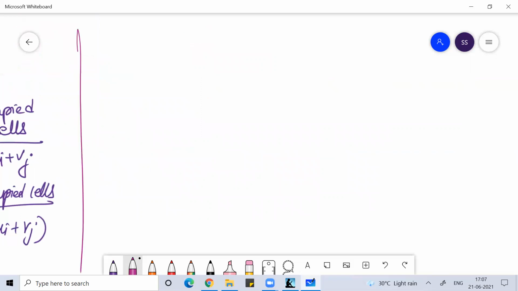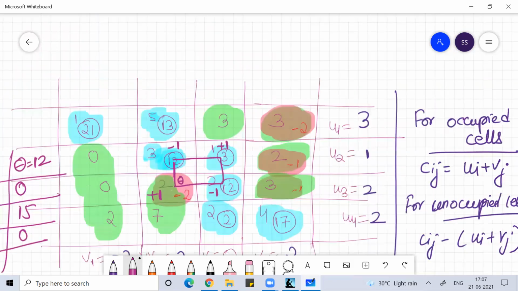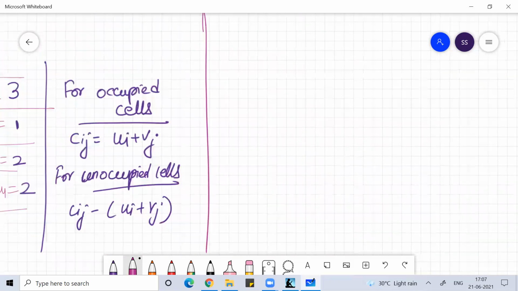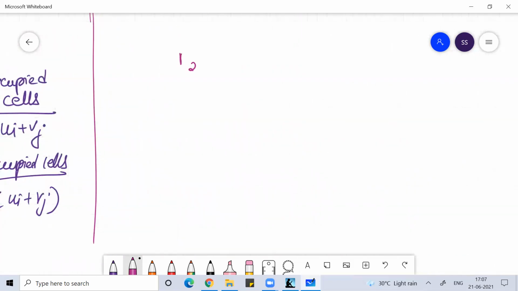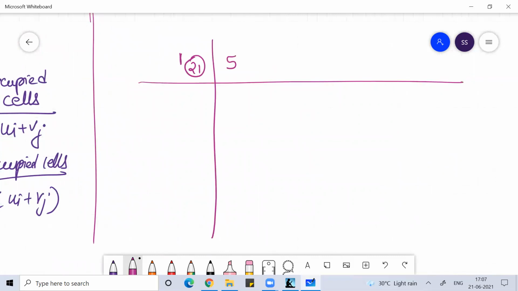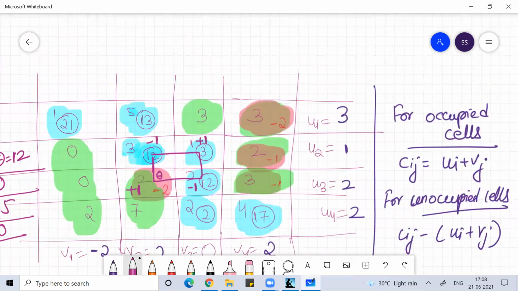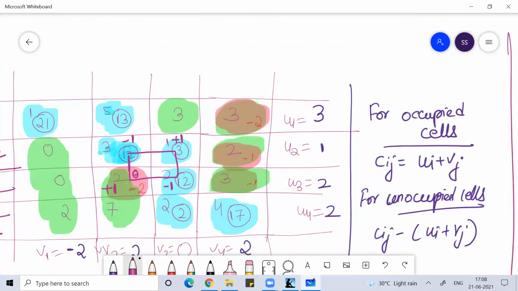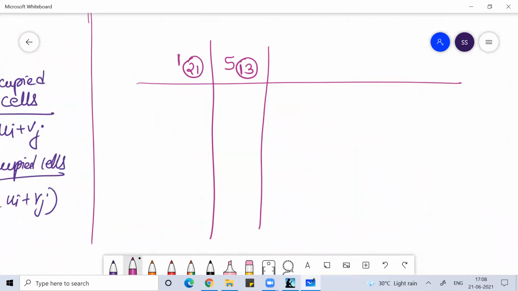If you do the allocation here, then this is 1, 2, 1, 5, 3, 0, then 1, 2, 1, then 5, 1, 3, 3, 3, then you have 3, 3.